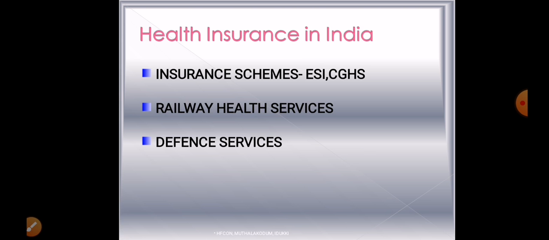Not only these, we have the health insurance in India. This is also in the public sector, because we all know that in the Indian setup not all the population is covered under insurance. So we have various government policies where the people working in central government and state government are insured by insurance schemes such as ESI, Employees State Insurance, and CGHS, the Central Government Health Scheme, where the central government people are covered.